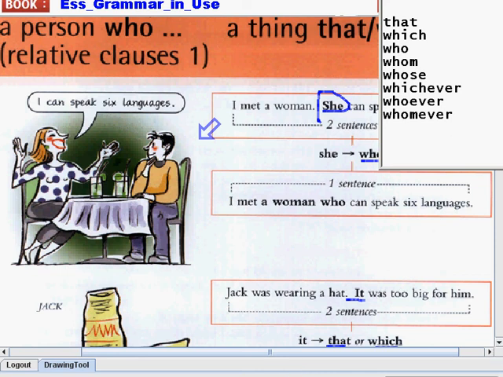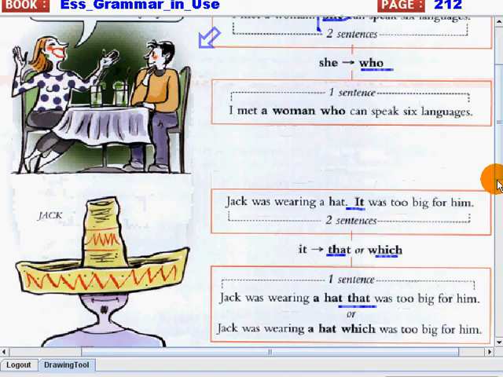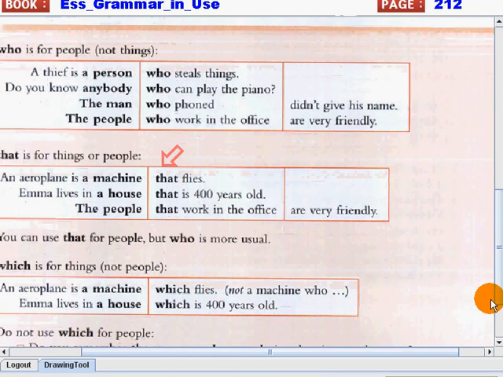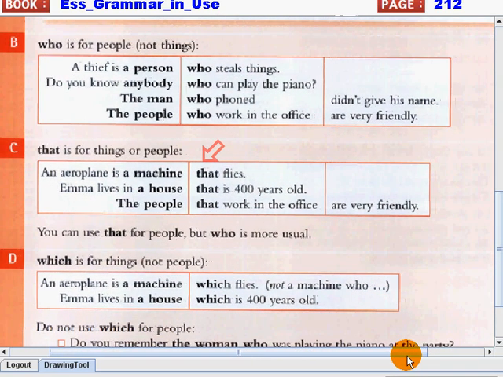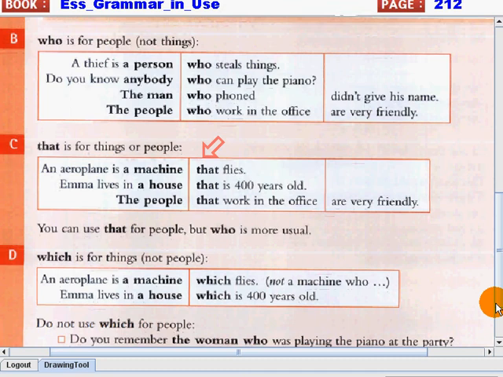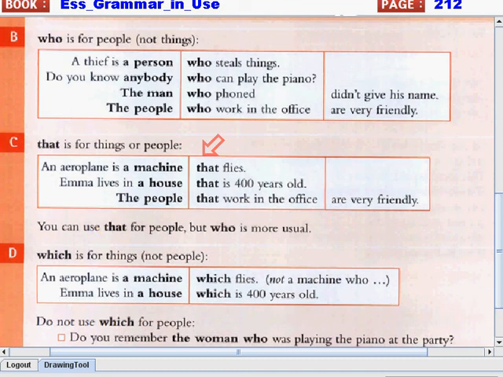Okay, now in our next video, we will try to find out when to use and how to use those relative pronouns I mentioned. Okay, I hope that you will be there with me in our next video.